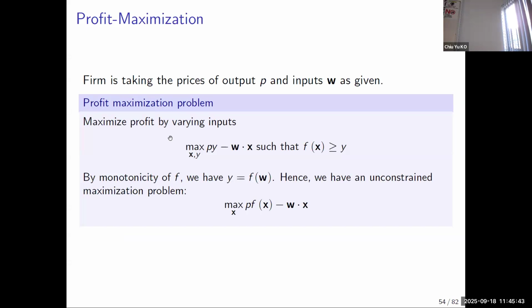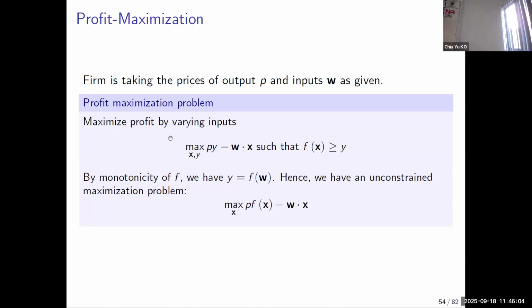So the firm is maximizing profit by choosing how many inputs it uses and how much output is going to be produced, subject to the technology constraint, right? How much you can produce based on input.